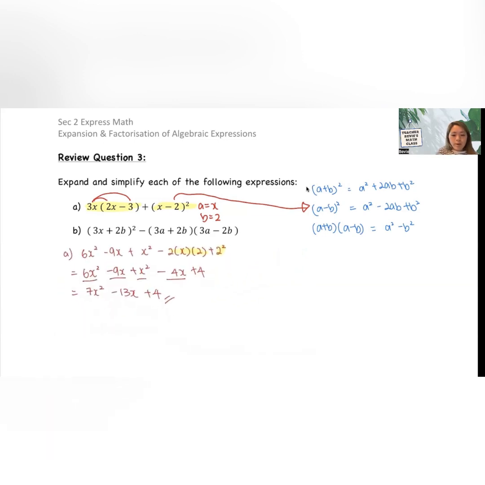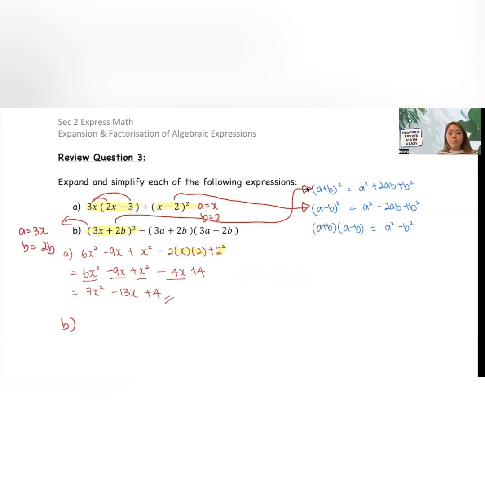Now let's try one more question. For part B, the first portion over here is (3x plus 2b) squared. Can you identify which special identity I am using? I'm using my first special identity, which is very similar to the second one. So for part B, in this case, a is my 3x, b is my 2b.